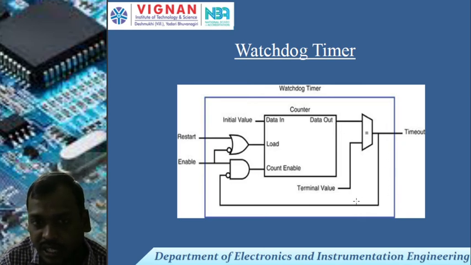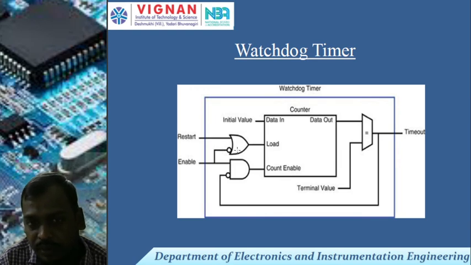Whenever enable is 1, the output is 1 and it counts. When reset is 0, the output is 1, so the data is communicated to the output device, data out.